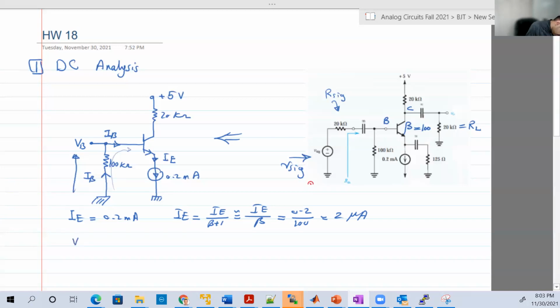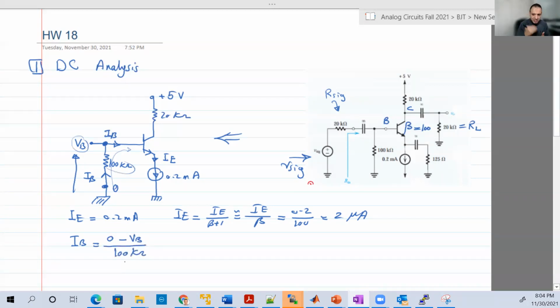So IB is equal to the voltage at that point, which is 0, minus the voltage at that point, which is VB, over the resistor. So 0 minus VB over the 100 kilo ohms.